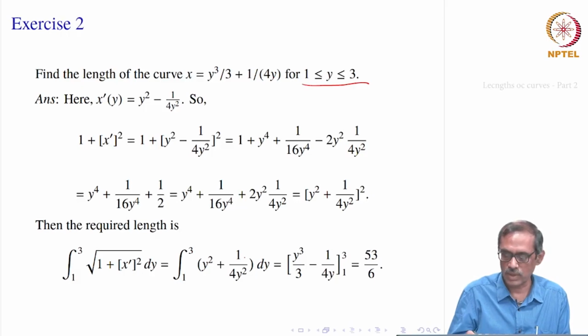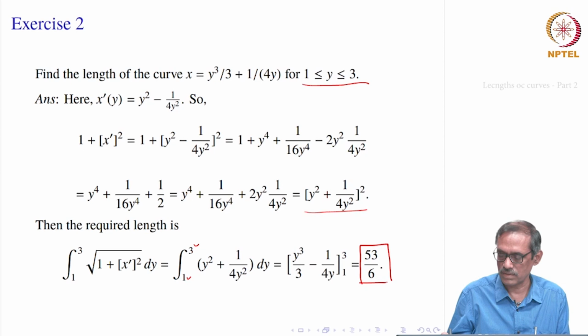So, that is y squared plus 1 by 4 y squared, its integral we have to take. So, that is y cubed by 3 and 1 by 4 y squared gives minus 1 by 4y, that is to be evaluated at 1 and 3 and subtracted. So, verify that it simplifies to 53 divided by 6.